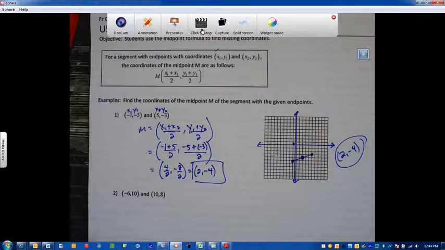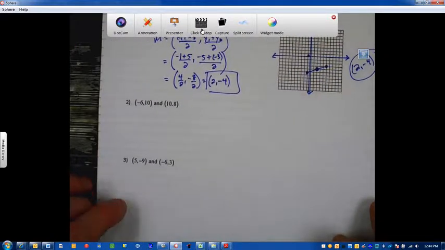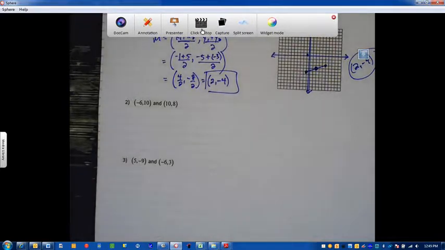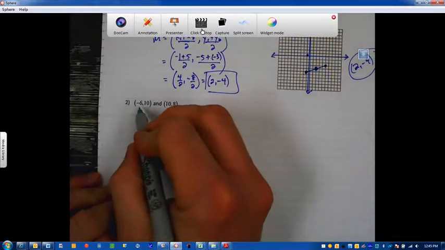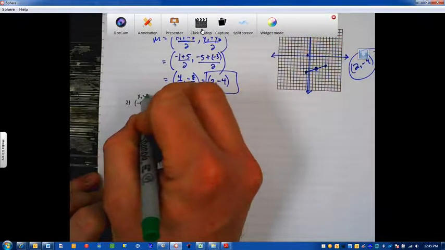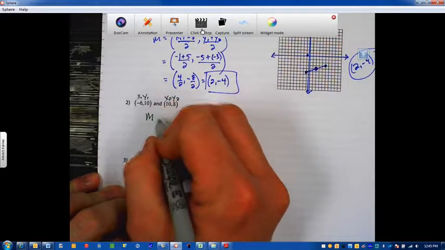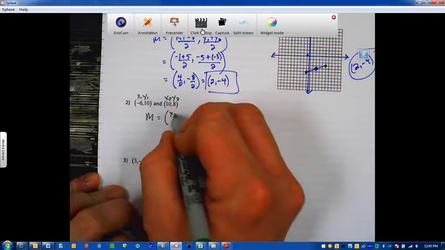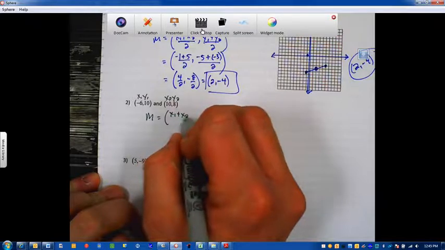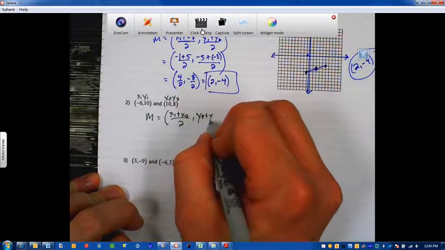Let's do another one real quick. I'm going to switch markers real quick. So here's going to be negative 6, 10, and 10, 8. Let's call this one x1, y1, and this one x2, y2. If that's the case, then the midpoint is going to be equal to x1 plus x2 over 2, comma, y1 plus y2 over 2.